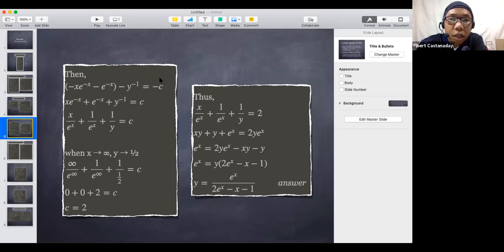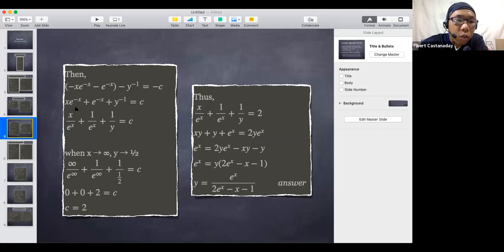So instead of writing plus c here on the right-hand side of the equation, we make this also negative. And then we multiply the entire equation by negative 1, making all the terms positive. Okay, do you follow? We want to remove terms with negative exponents.